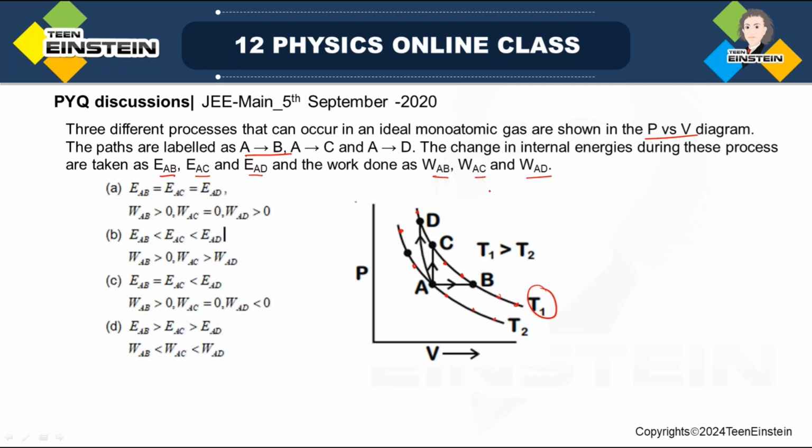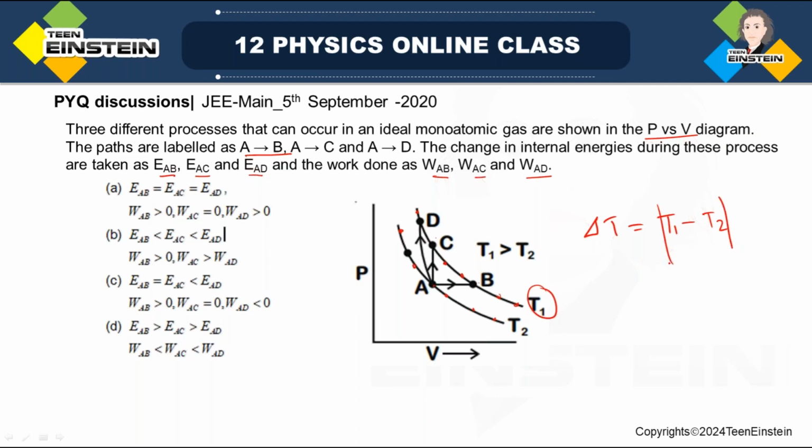Now let me tell you one thing. If the process is going from one point to another, okay, look, wherever it goes from A to B or A to C or A to D, the change in the temperature is T1 minus T2 or T2 minus T1, whatever it is, you take mod.